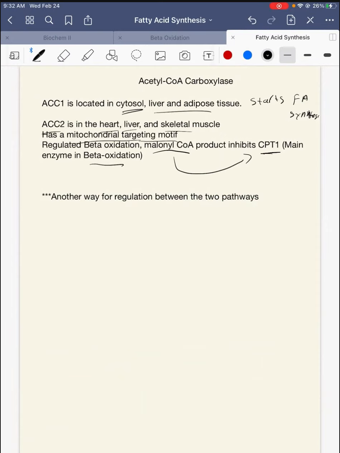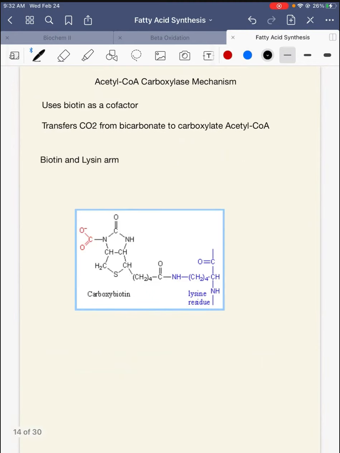I'll say it again: ACC2 makes malonyl-CoA as well, except it's in the outer mitochondrial membrane. So while the cell is running beta oxidation, if ACC2 is running, it'll make malonyl-CoA and inhibit CPT1, the main enzyme in beta oxidation. When both ACCs are running, we want to inhibit beta oxidation to prevent futile cycles. That's just another way the cell regulates between those two pathways.